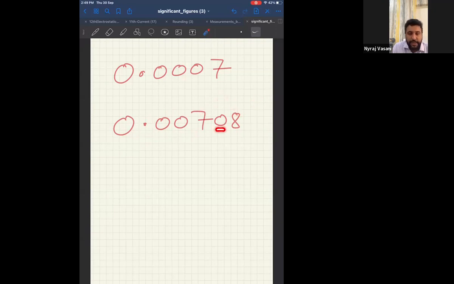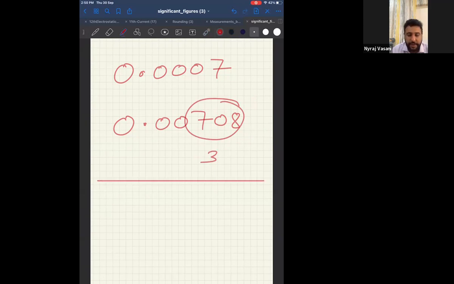Now this 0, does it have a non-zero number on the right? Yes. Does it have a non-zero number on the left? Yes. Therefore, even this 0 is significant. Therefore, the number of significant figures in this case is 3.